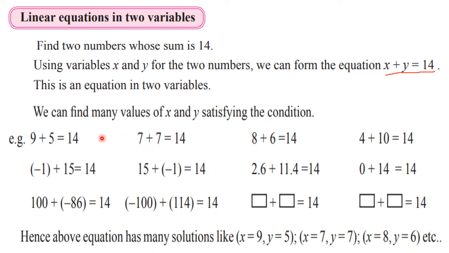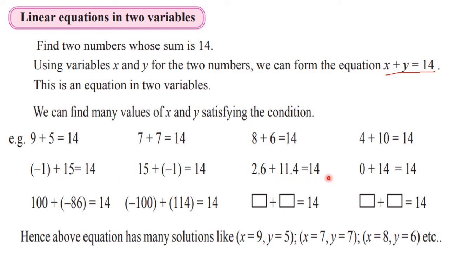If we try to solve this equation, we get infinitely many values of x and y satisfying the given condition. For example, 9 plus 5 is 14, 7 plus 7 is 14, 8 plus 6 is 14, 4 plus 10 is 14, minus 1 plus 15 is 14.